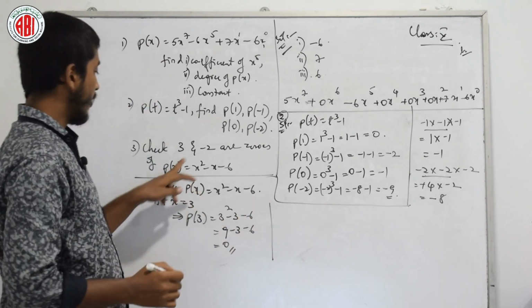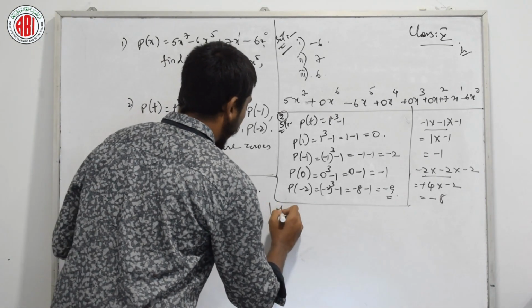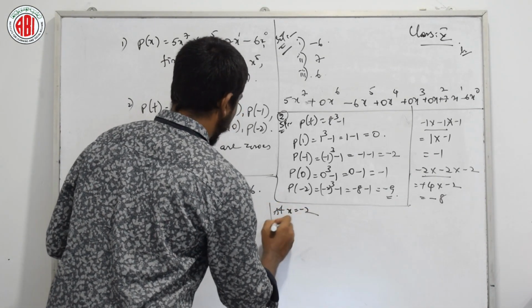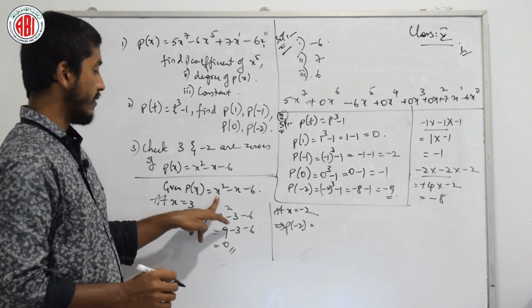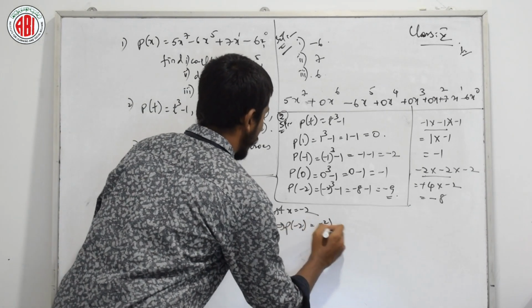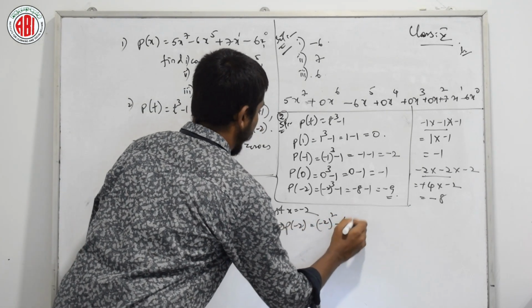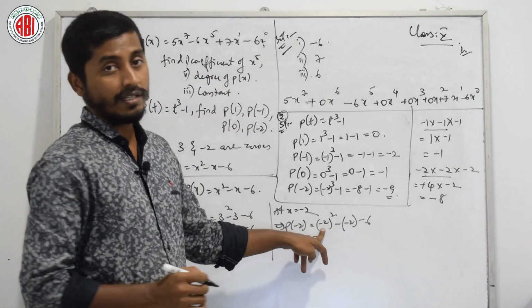Let us find the value for x is equal to minus 2. At x is equal to minus 2, p of minus 2 is equal to, we have to substitute x is equal to minus 2 in the given polynomial. That is minus 2 whole square minus of minus 2 minus 6. Is it clear? Here minus 2 square will be plus.